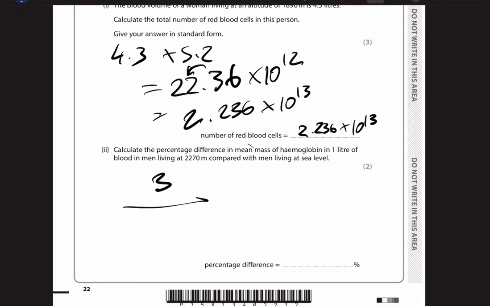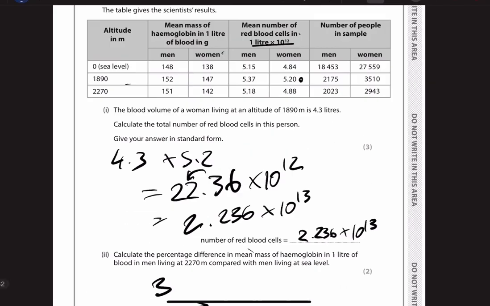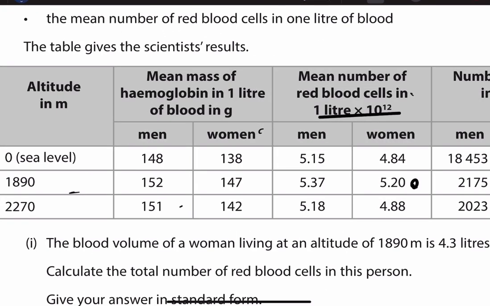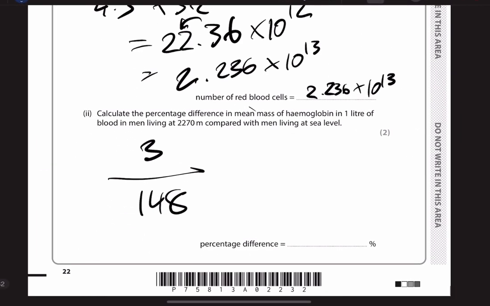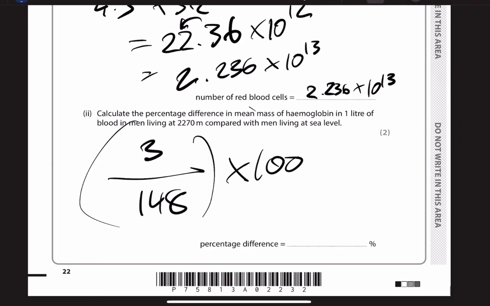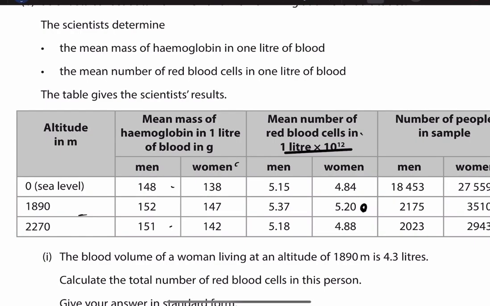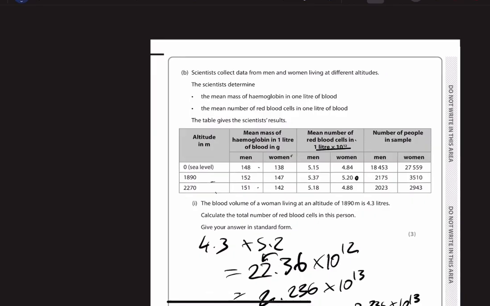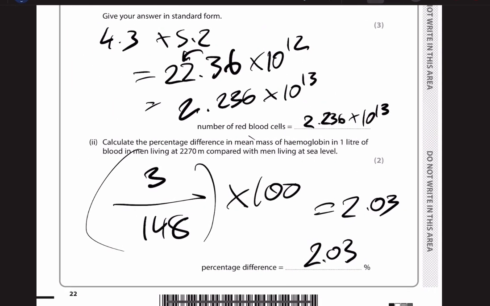So it's 151 minus 148, divided by the initial, which is 148, and then we multiply that by 100 to get the percentage, and that gives us 2.03%. So we see that the men at the higher altitude have a higher mean mass of hemoglobin. Not by a large percentage, but by a percentage.